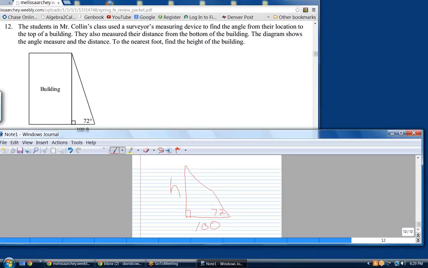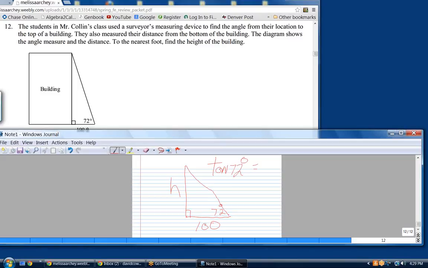Of your three trig functions, sine, cosine, and tangent, sine and cosine both require the hypotenuse, which we don't know anything about here. So it's not going to be one of those two. It's got to be tan. Tan of 72 degrees. 72 is the angle.